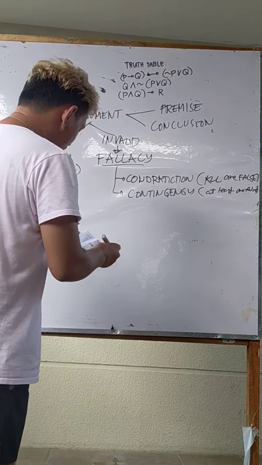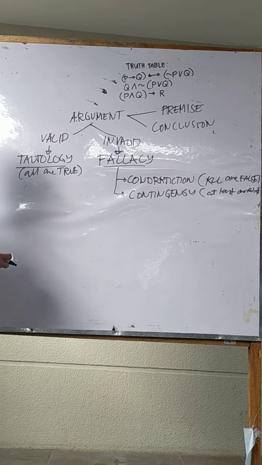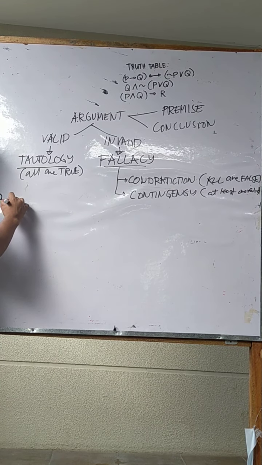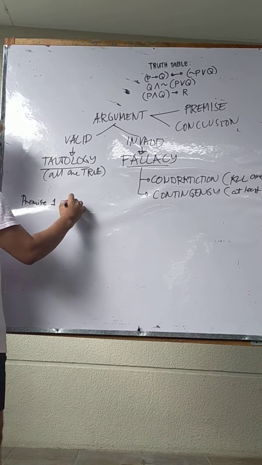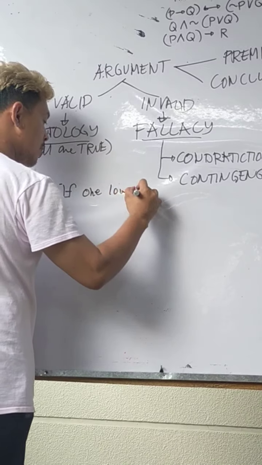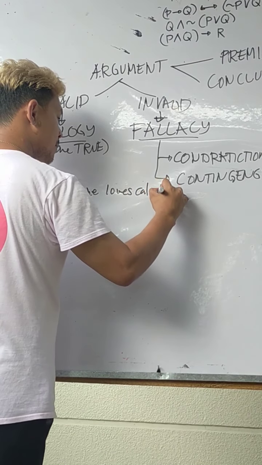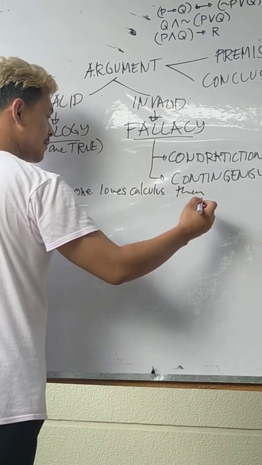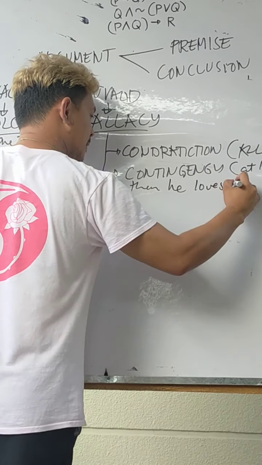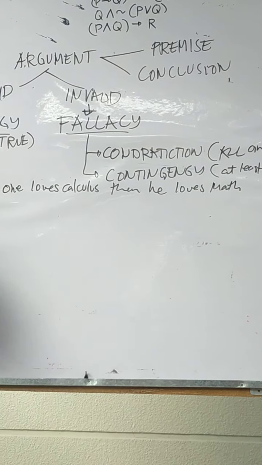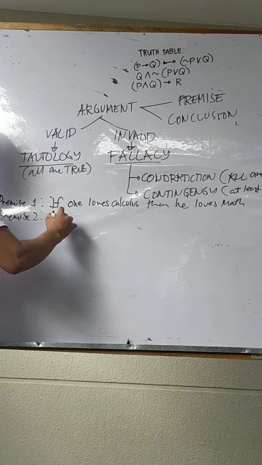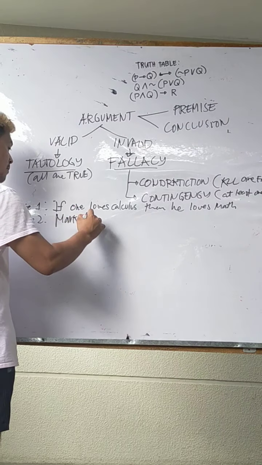Okay, now let us have this idea of the premise and conclusion. Premise 1: if one loves calculus, then he loves math. Premise 2: Mark loves calculus.